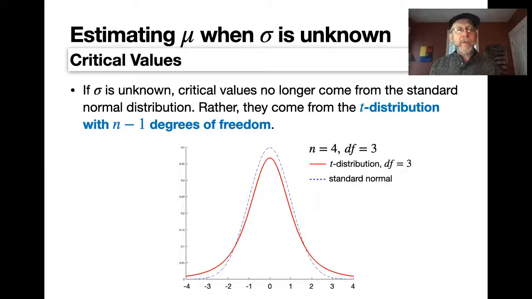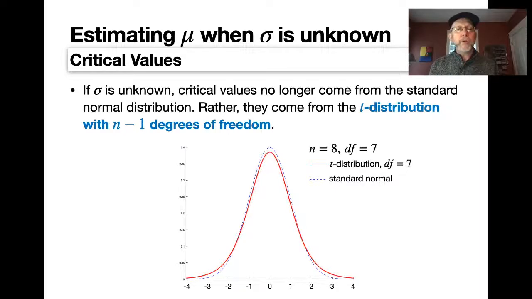That is, it has a greater spread. And this is true in general for t-distributions. They have a slightly wider spread than the standard normal distribution, and this is again because of the additional uncertainty caused by the unknown standard deviation sigma.